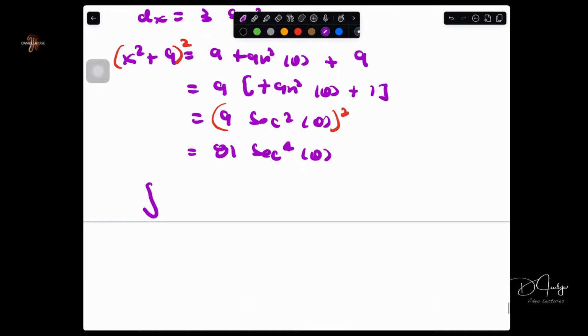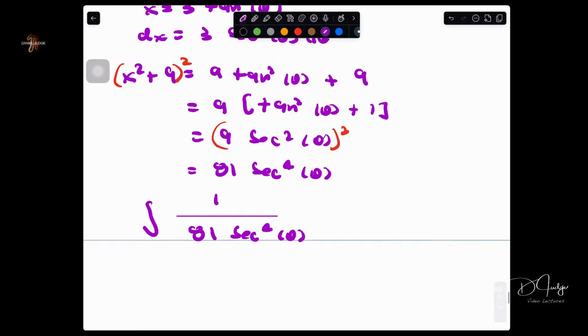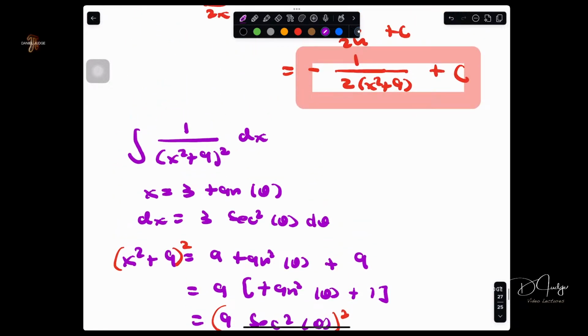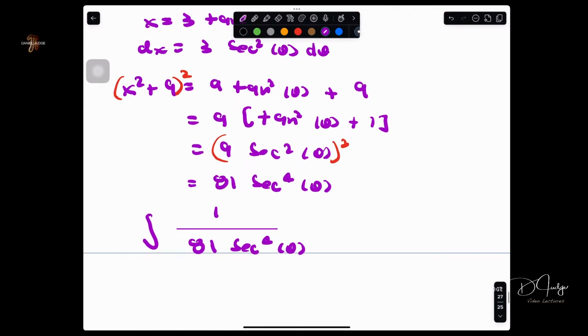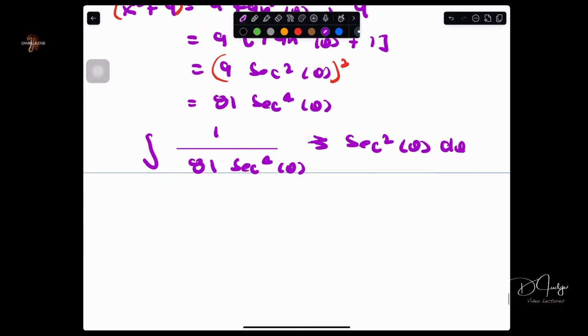So that integral is 1 over 81 secant to the 4th theta, because that's the (x squared plus 9) squared, and then dx is 3 secant squared theta d theta. So we can see this is 27. This is now the power 2.